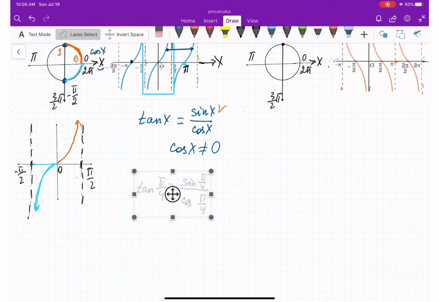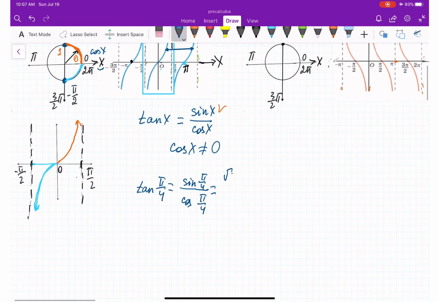Okay. That is going to be equal, because it's 45 degrees, it's right here, 45 degrees. So sine and cosine are going to be equal, which is square root 2 over 2. Here also cosine is square root 2 over 2.